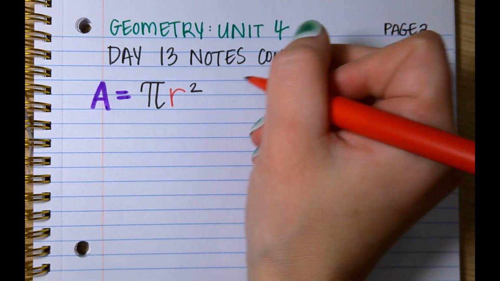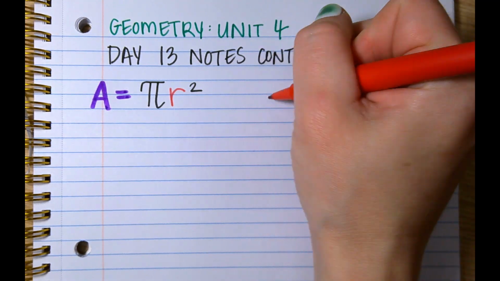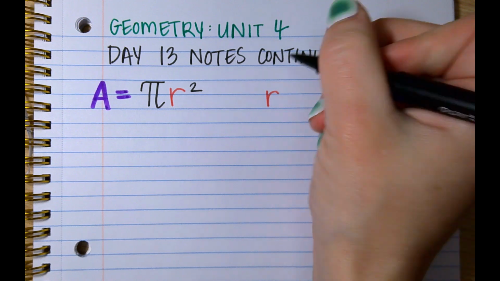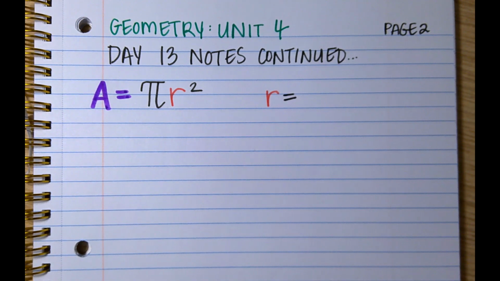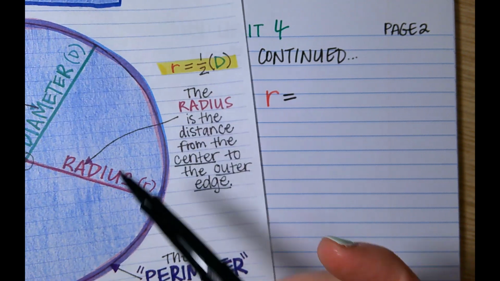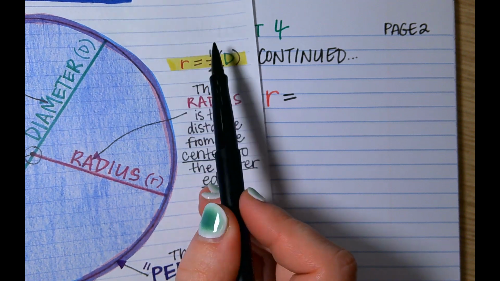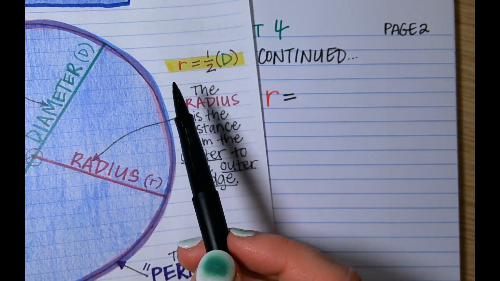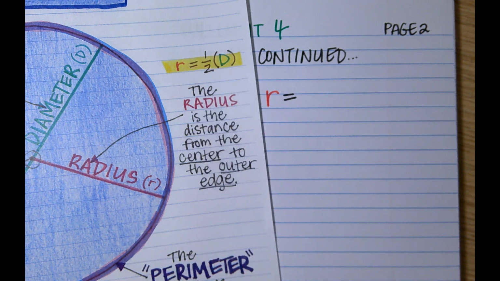And remember, if we need to solve for radius, we can put radius equals, you can either write it as I have it on this note page, radius is half of the diameter, but you could also just say diameter divided by 2.